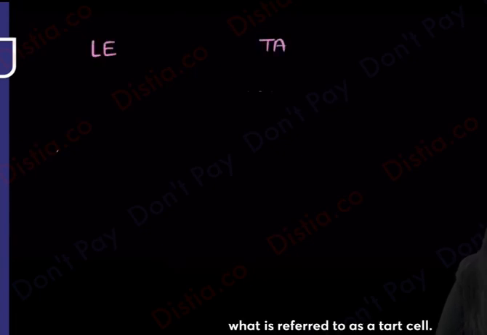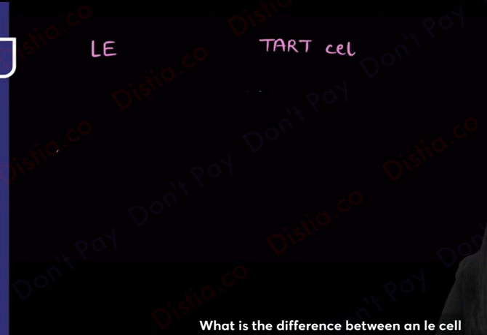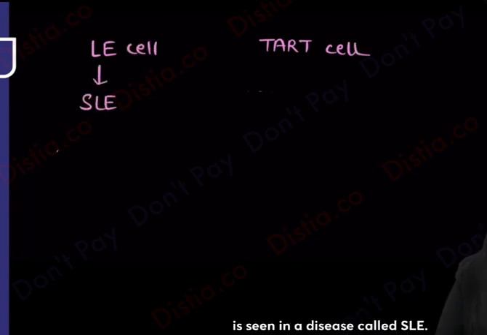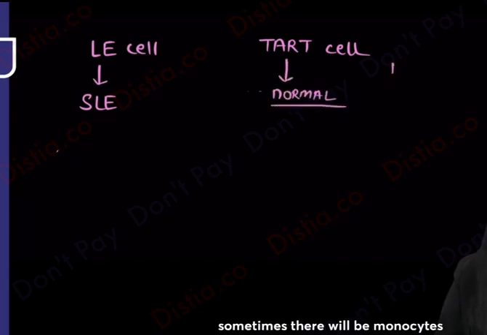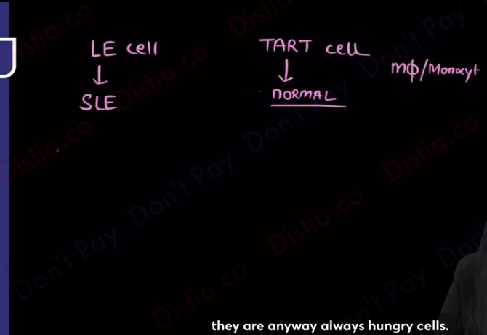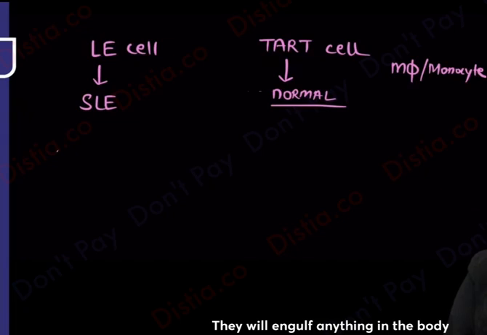So please remember, never ever confuse an LE cell with what is referred to as a TART cell. What is the difference between an LE cell and a TART cell? Please note, LE cell for obvious reasons is seen in a disease called SLE, and TART cell is nothing but a normal cell. Sometimes there will be monocytes and macrophages that you have. They are anyway always hungry cells. They will engulf anything in the body for a short time and then spit it out. It's as simple.